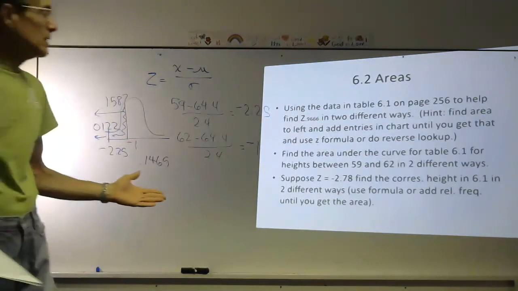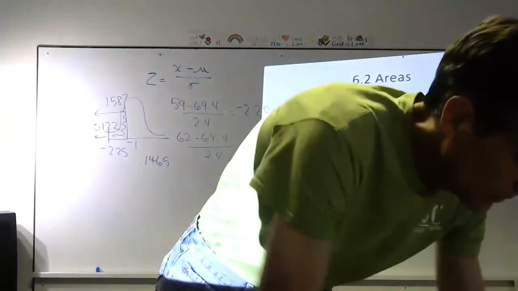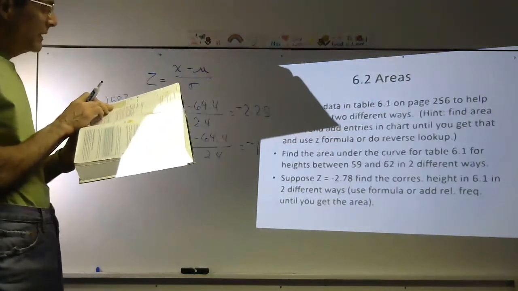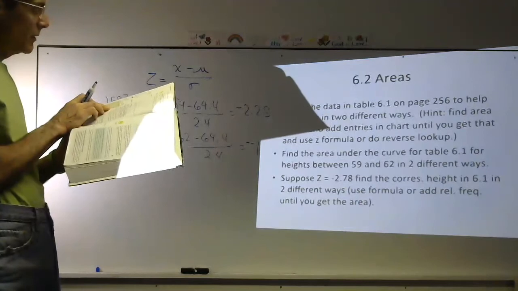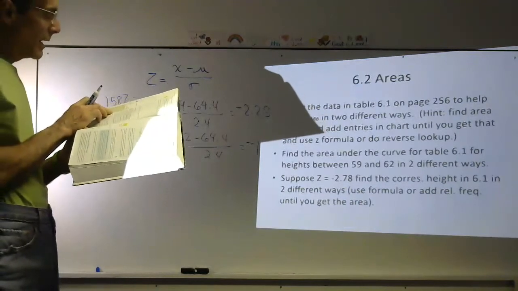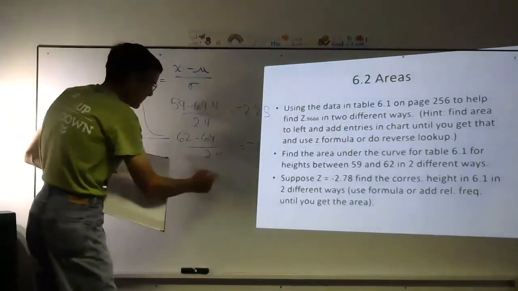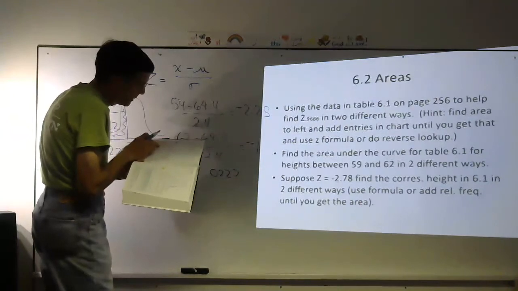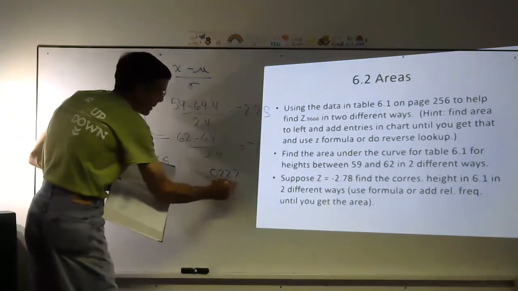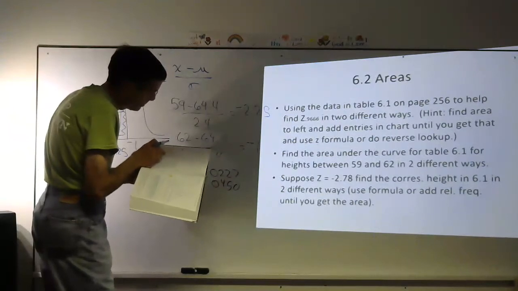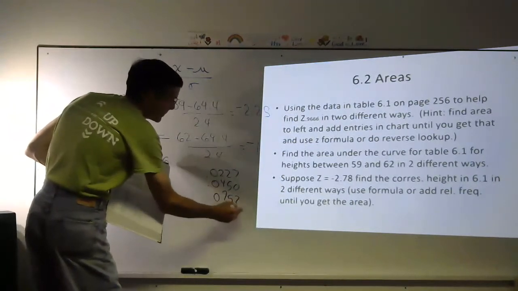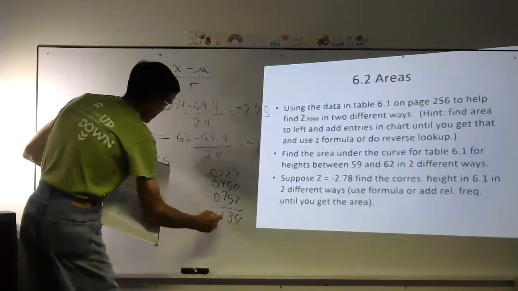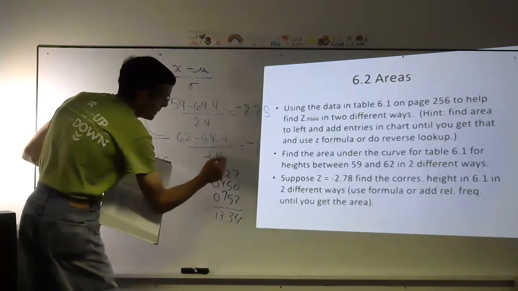What's another way I could have done it? Between 59 and 62, look on your table down at the bottom of page 256. Between 59 and up to 62, you could add up 0.0227, starting at 59, and 0.0450, and up to 62, 0.0757.